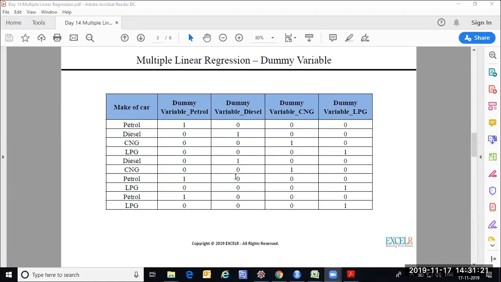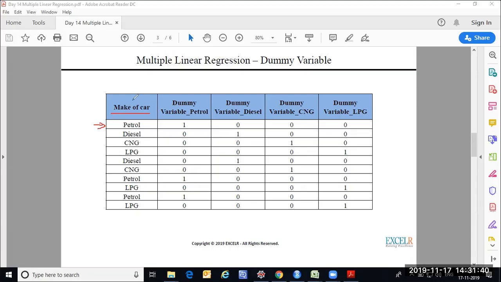So this is how we need to create the dummy variables. For each class value within the variable for which we are creating the dummy variables, we need to see how many unique classes are existing. Each of these unique values is called a class when it comes to categorical data.